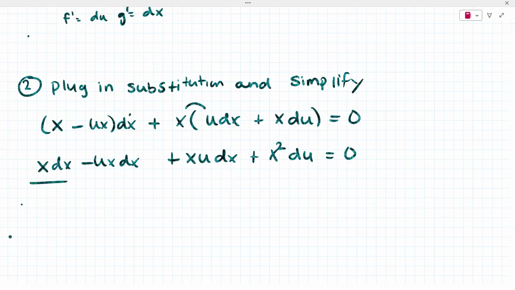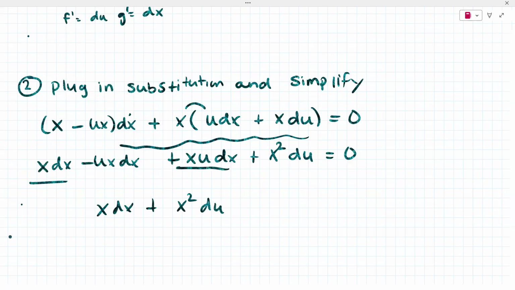You have x dx. Oh, this cancels, right? These are practically the same thing. So now you're just left with x dx plus x squared du equals 0.